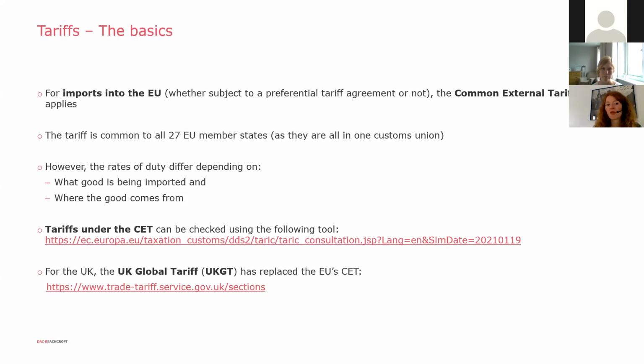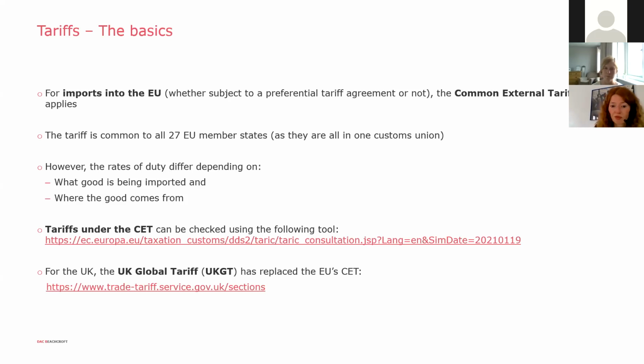However, the rates of duty differ obviously depending on what good is imported, because different tariffs apply to different goods and where the good comes from. As we just said, if the good comes from the EU and is imported into Great Britain or vice versa, then provided that the rules of origin are complied with, there are no tariffs.